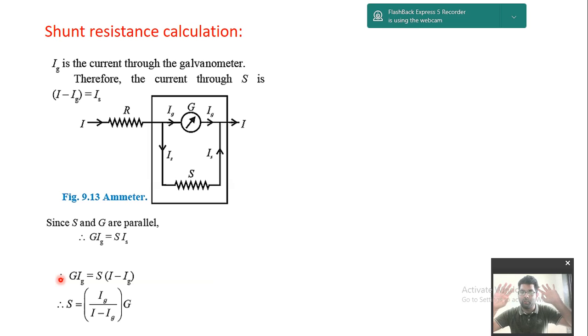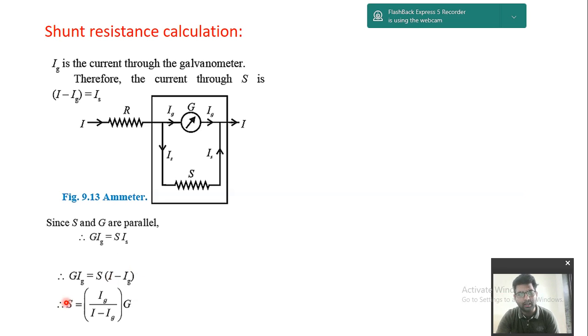Suppose it is 1 milliampere. So I know G, I know Ig, I know S, so I will find I. In that way the value of current in the circuit is found out. So it will act as an ammeter. Okay, this thing is clear.